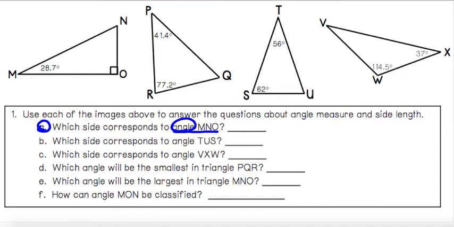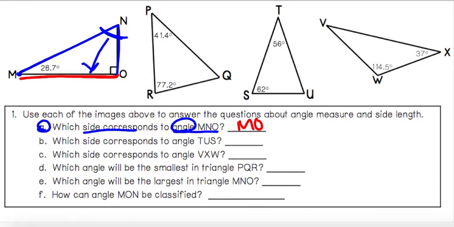I have to find M, and I got to go to M and trace to N and to O, right? And it says, which side corresponds? Well, this is the angle, and the side that corresponds, remember, is opposite. So in this case, side MO.